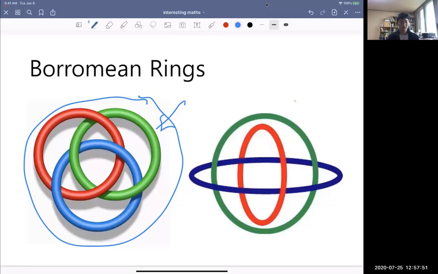You could draw it if you have, for example, ellipses. This is an actual drawing in 3D with ellipses, but you cannot draw it with circles.